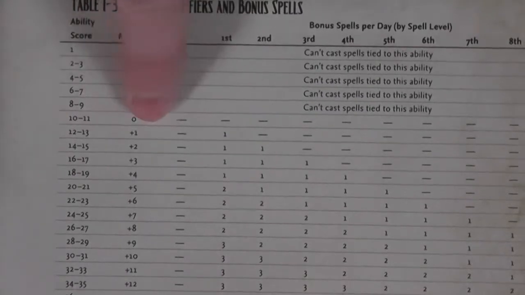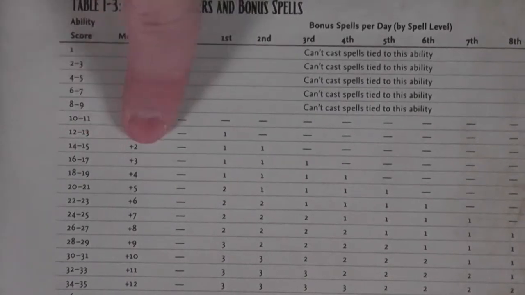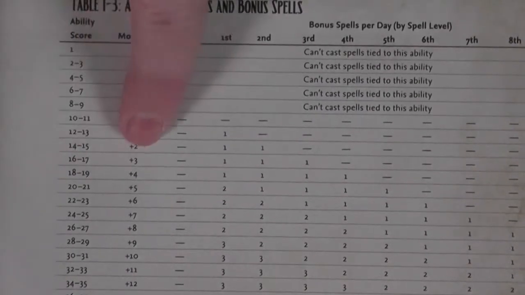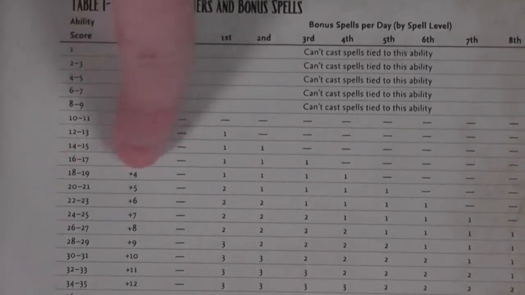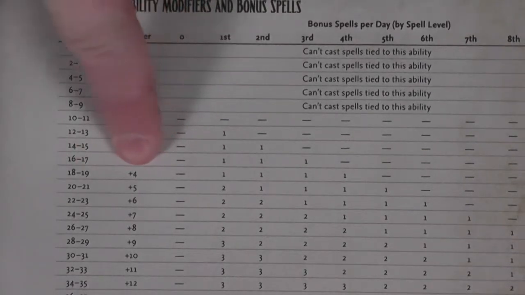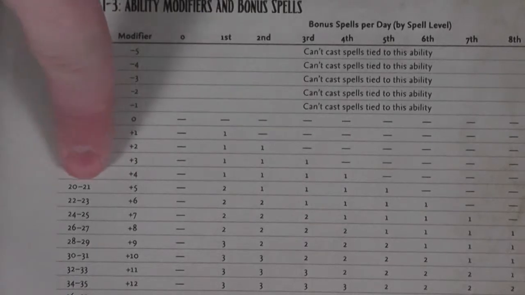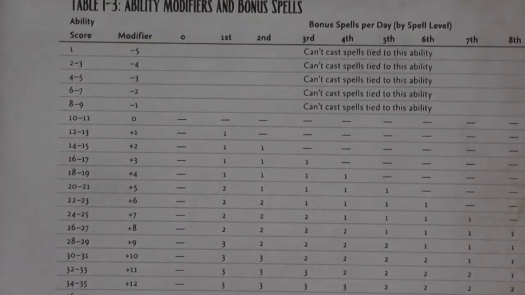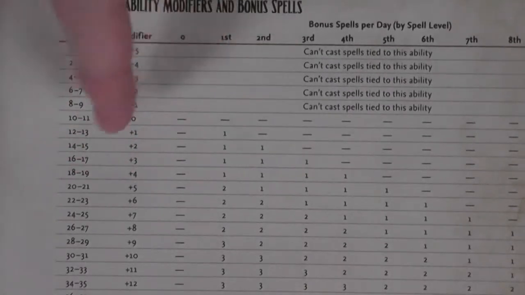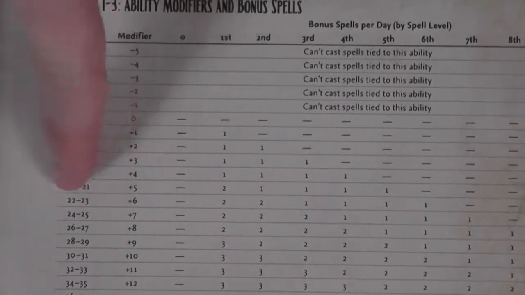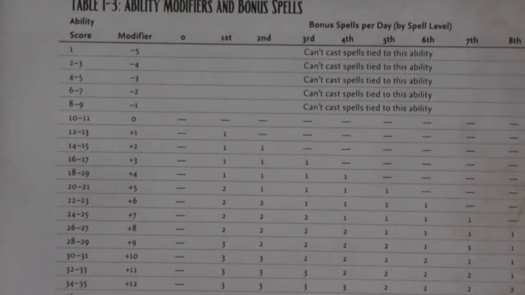But 12 to 13 is a +1, 14 to 15 is +2, 16 to 17 is +3, 18 to 19 is +4, and I don't really think you can get 20 to 21 when creating a level 1. But, I don't know, 6, 12, 20. Yeah, you can. It's just really, really hard to get either +5 or +6.